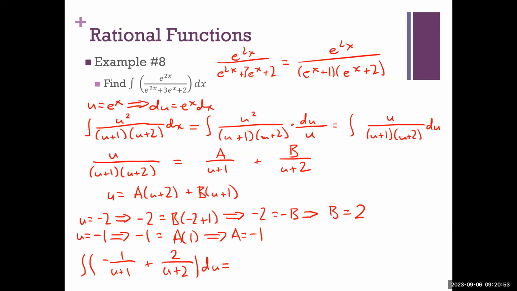All right, so now I got two terms. What's the integral of -1 over u plus 1? Negative natural log of the absolute value of u plus 1. And the next term? Okay.